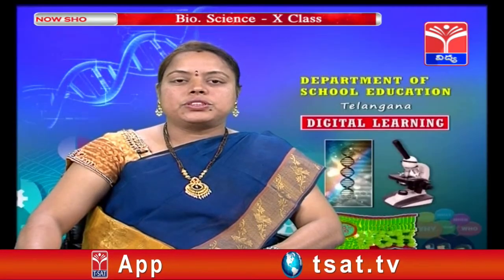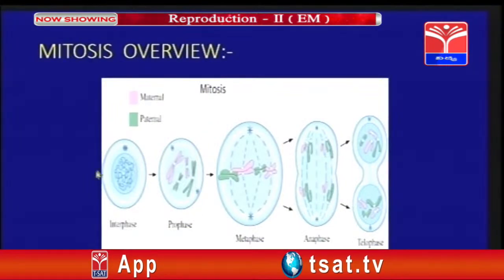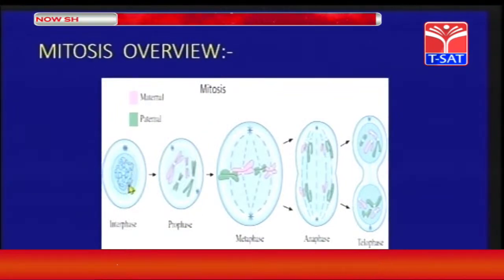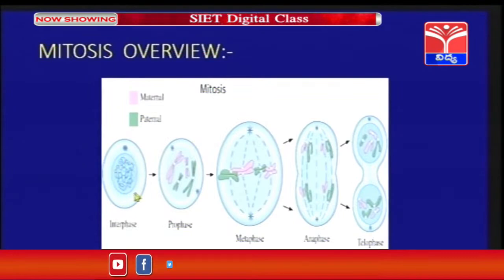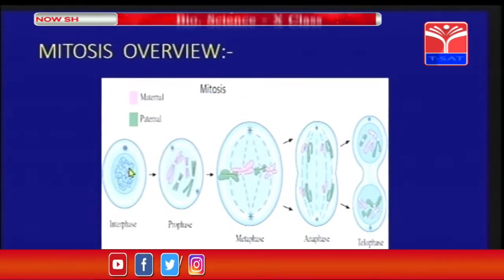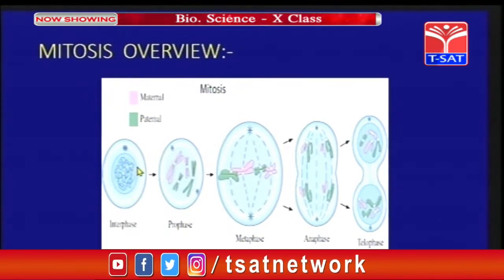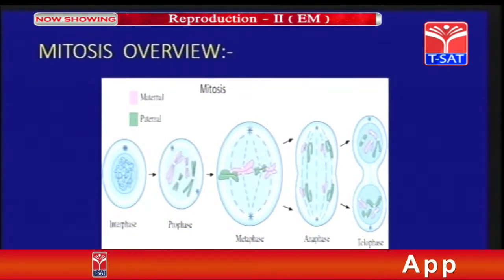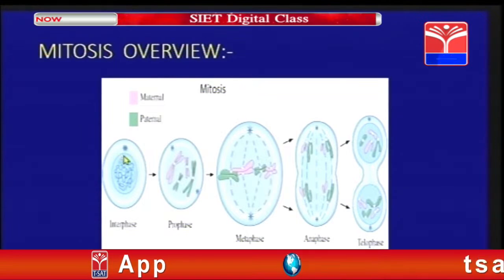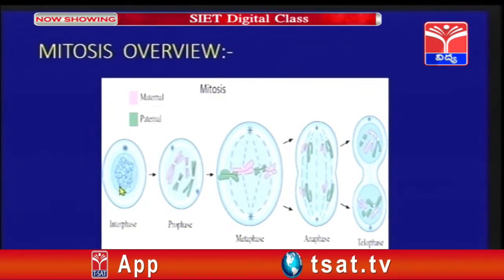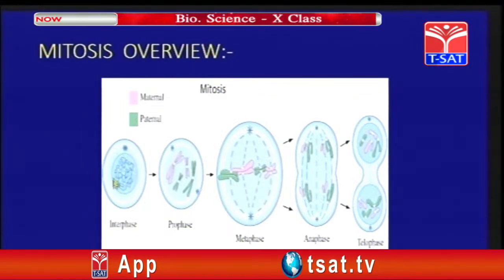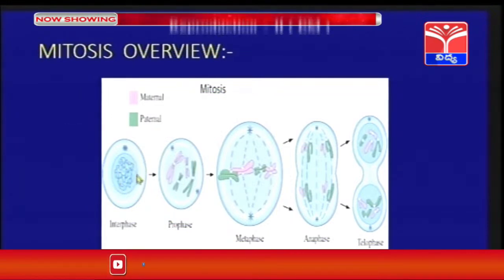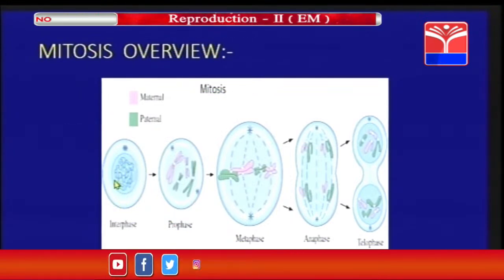Mitosis overview. As you can see over here, children, this is the interphase. Major changes take place in the interphase, and after interphase, the mitotic cycle will start. We also discussed that between two mitotic cycles, interphase will occur, so that the major changes which have to take place will occur during the interphase only.